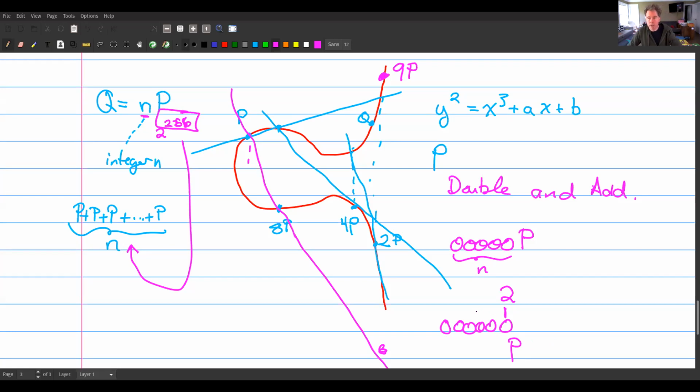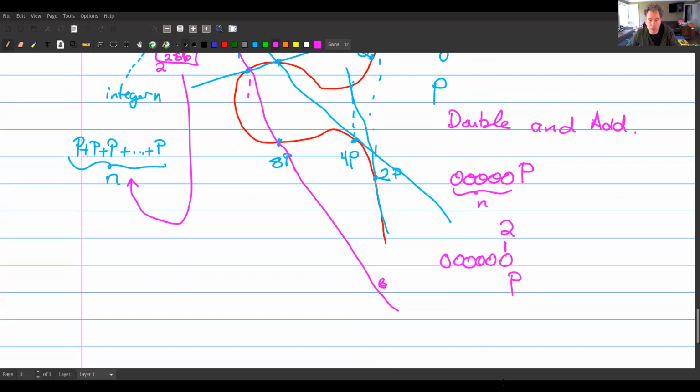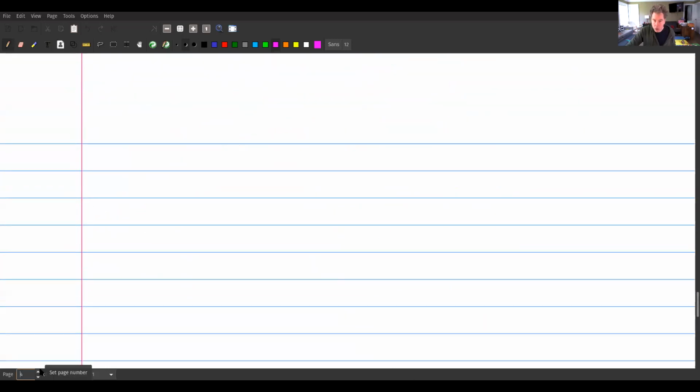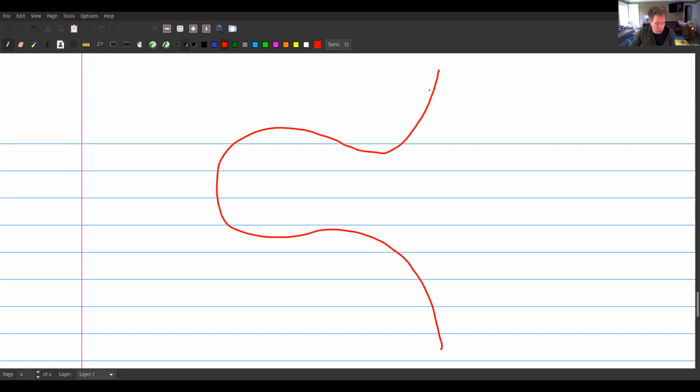So I know you're probably sick of me drawing these pictures, but I'm going to draw another one. So here we have this. All right, and we're still drawing pictures in real projective space. So let's say I have P here and Q here.